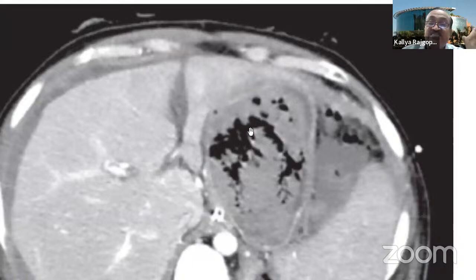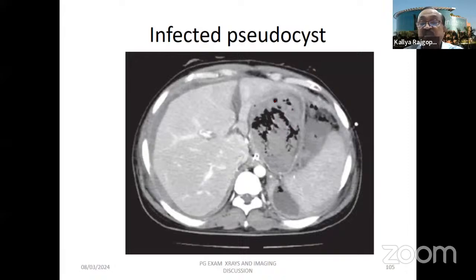The modified Atlanta classification is a commonly asked question. And such patients, of course, require immediate treatment, whatever the approach, step-up approach or whatever it is. So this is the infected pseudocyst.